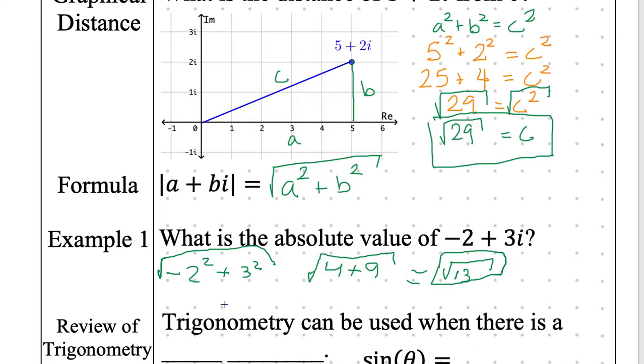No I. Parentheses are needed because this one doesn't matter. 3 squared is the same thing as in parentheses 3 squared. But this is very important in terms of being technically correct, which I love being precise in mathematics. -2 squared is actually equal to -4. But if I do -2 quantity squared, that is equal to +4.